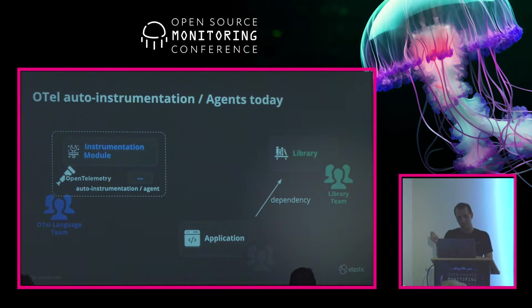So in the old model, with all these vendors that I just told you, and OpenTelemetry also has this outside instrumentation. The model that those vendors and the old model which we had with OpenTelemetry as well is that we have an application. It uses a library, like let's say Elasticsearch or the Kafka call. And the application has this library as a dependency.